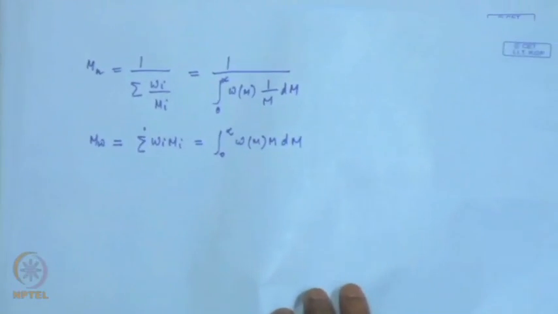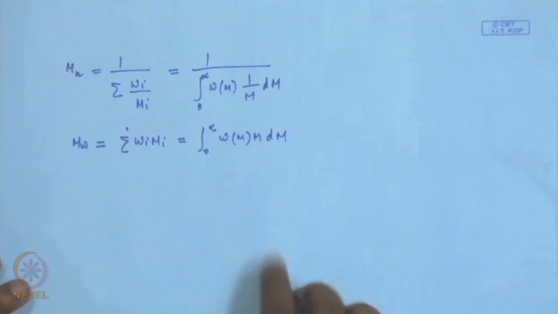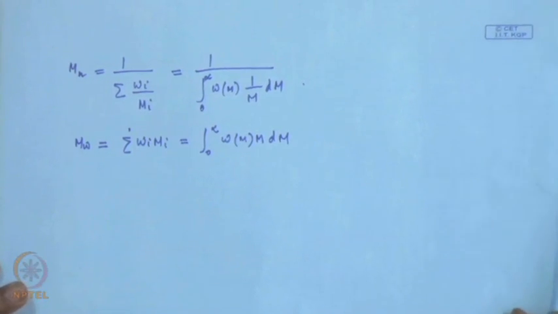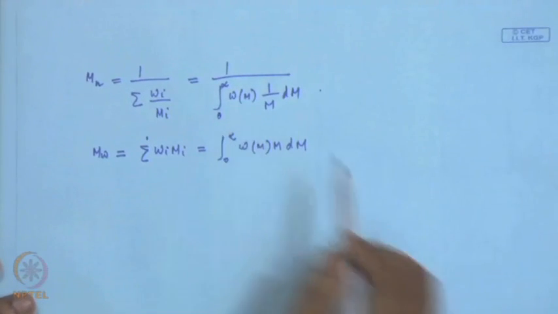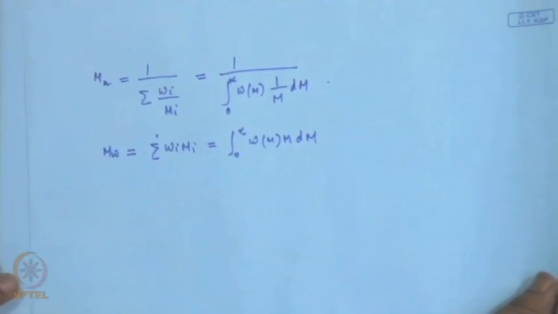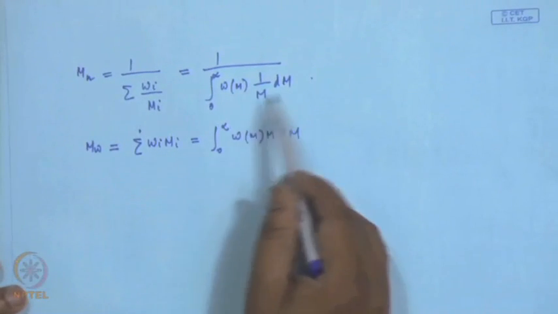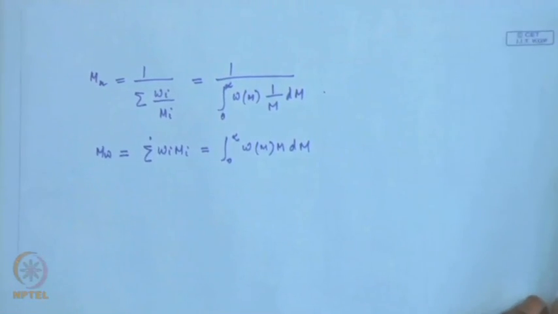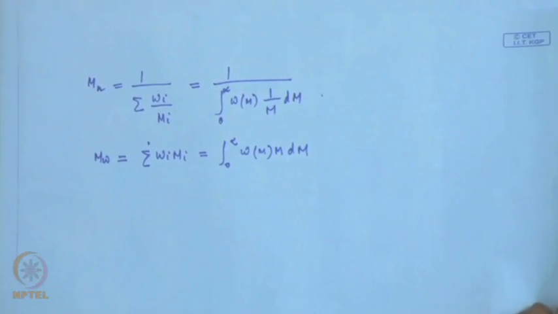These are the formulas for Mw and Mn we have seen in the beginning of this lecture. So, now we know how the weight fraction distribution varies with molecular weight. Once we know that, with the help of the software, these things can be easily calculated.